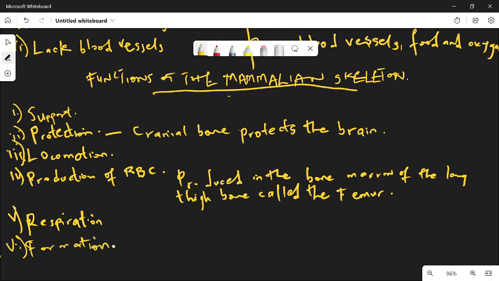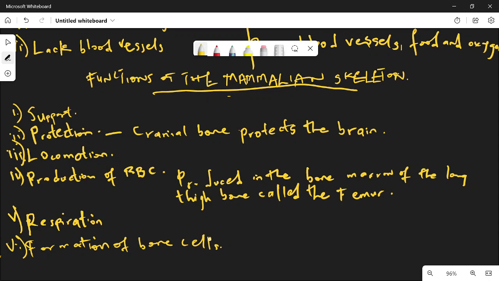These bone cells, like the osteocalcin, are responsible for regulating blood glucose and fat deposition. So all of these that we have made mention of are the functions of the mammalian skeleton.